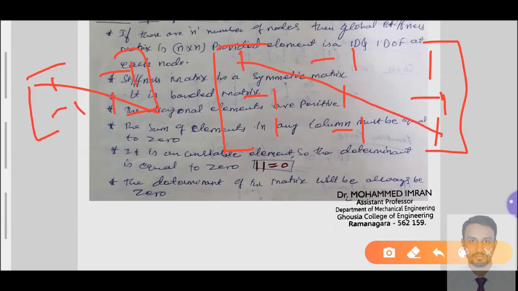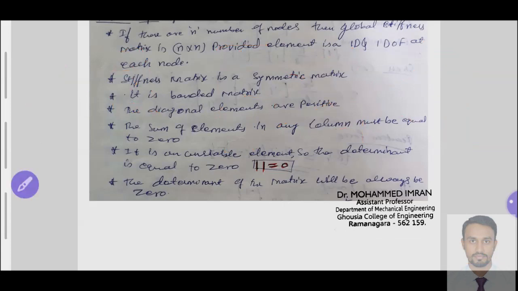You can see this diagonal is positive, and this diagonal is positive. So the diagonal element should be positive. Any one of the diagonals should be positive, then only it is satisfied. Upper to the diagonal or lower to the diagonal, whether it is positive or negative, that is the secondary case. But the diagonal must be a positive value.